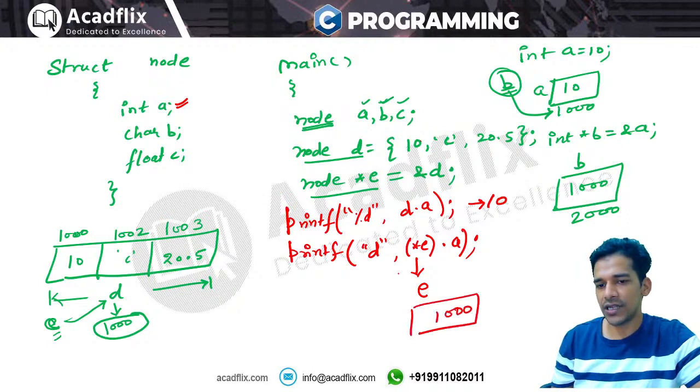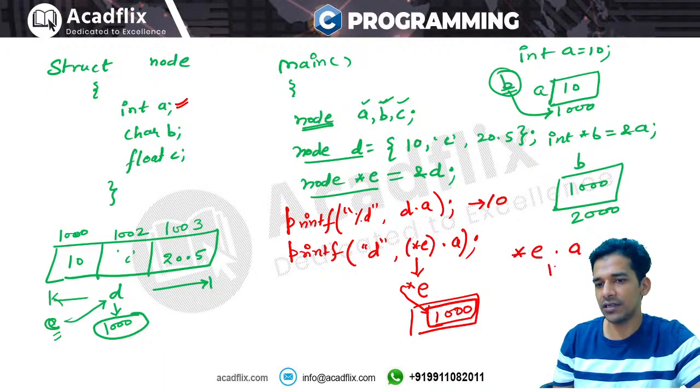Then what is the meaning of star? Star means that you go inside the address. Okay, inside the address we have d, right? We have the address of d. So that means whatever e is pointing to, go to the member a of that particular structure. Okay, this star e dot a can be written directly.